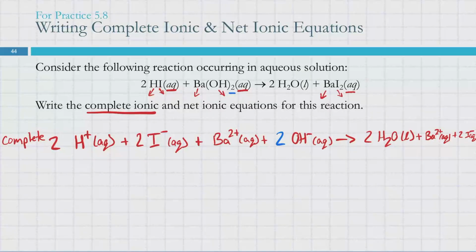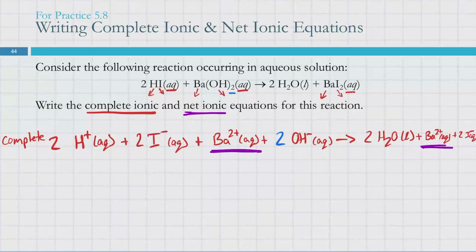Okay, going to our net ionic equation. What do we need to change to go from our complete ionic equation to our net ionic equation? We're going to pretend it's sports in the year 2020 or 2021. We're going to remove all the spectators. So what was unchanged from the left side to the right side? Yeah, our spectators, we have the Ba2 plus.